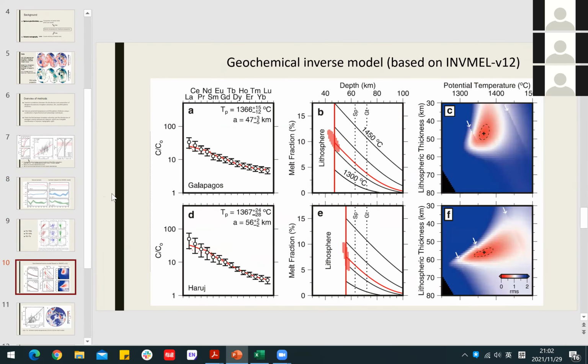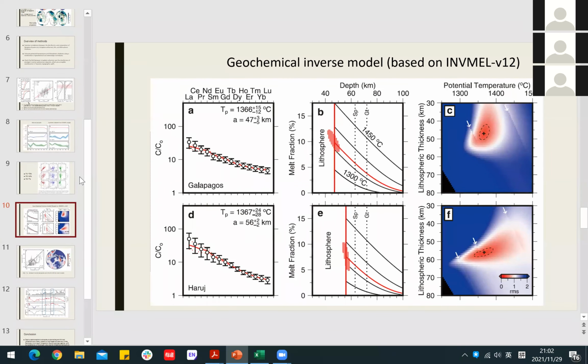The INV-MELT model, yeah, INV-MELT model V12. I'm just curious, is this a software package? Was it developed by a geochemist or by a geophysicist?